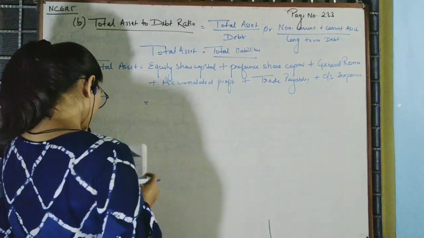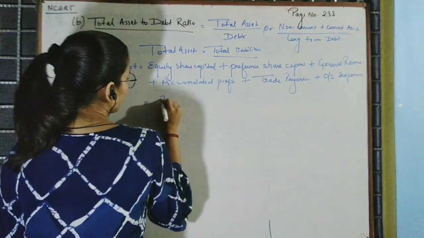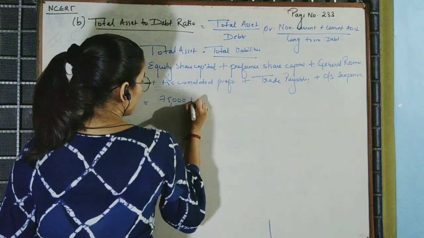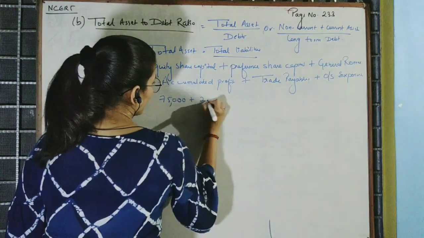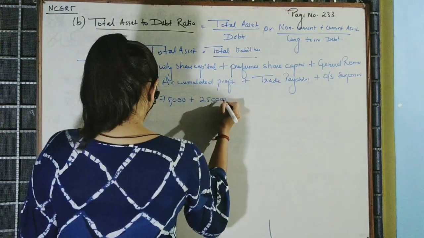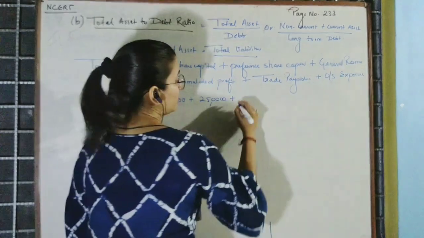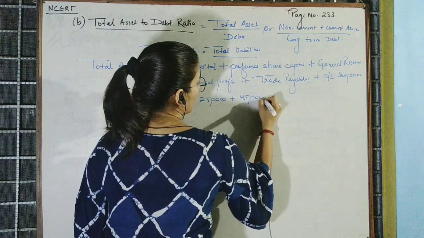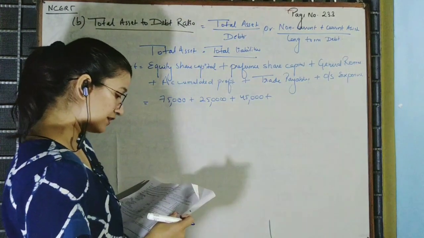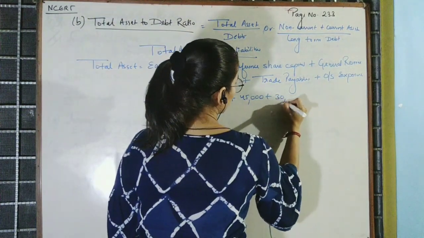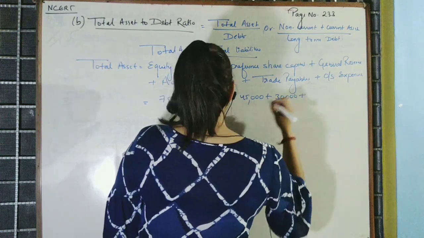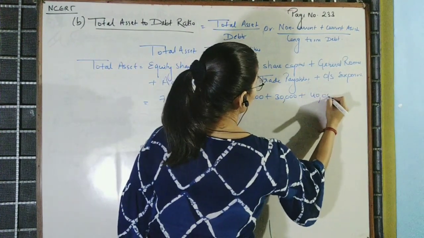Equity share capital is 75,000. Preference share capital is rupees 25,000. General reserve is rupees 45,000. Accumulated profit is rupees 30,000. Trade payables is 40,000.